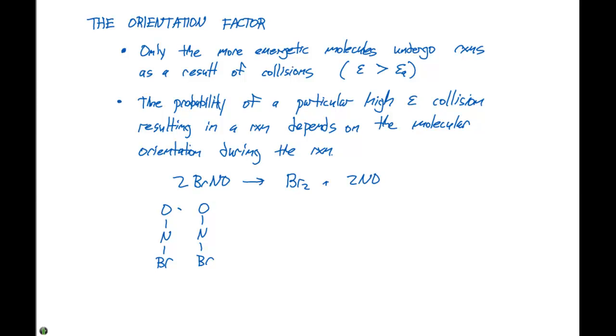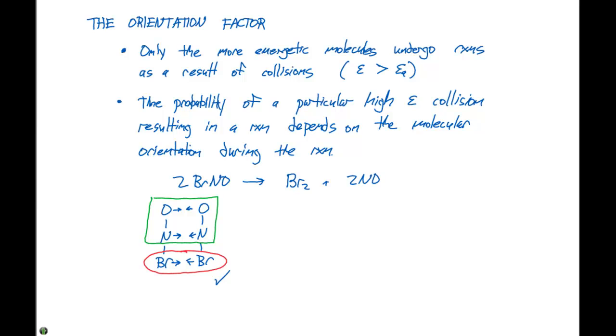If these molecules collide together in this fashion right here, then we can get a reaction, because Br2 is going to form and 2NO molecules can form. So if we have the collision right here, the bromines can break off, and then the 2NO molecules can break off.